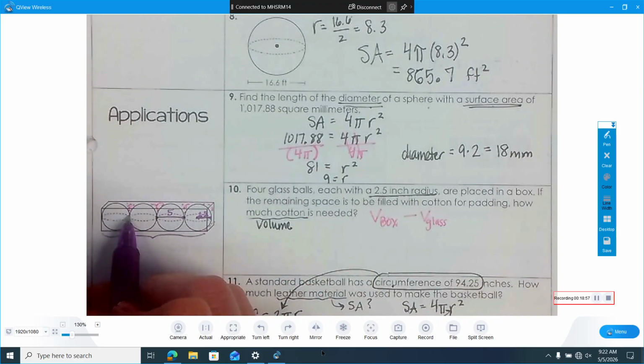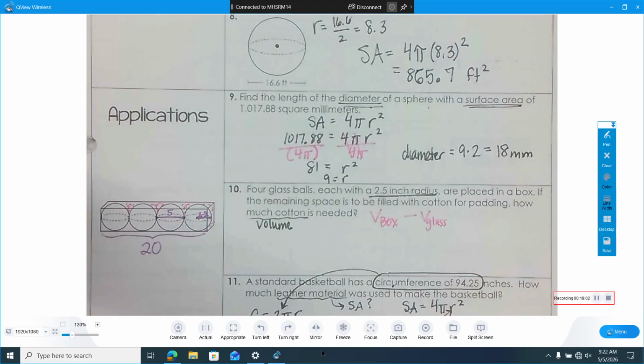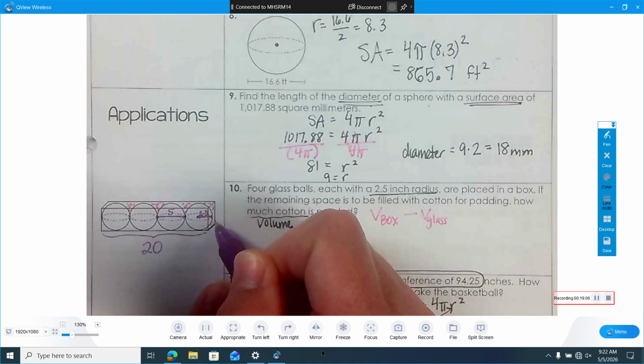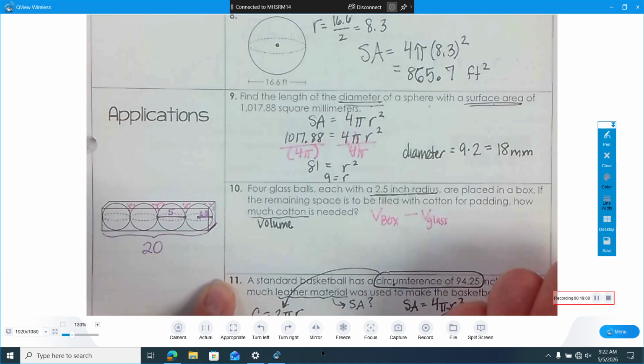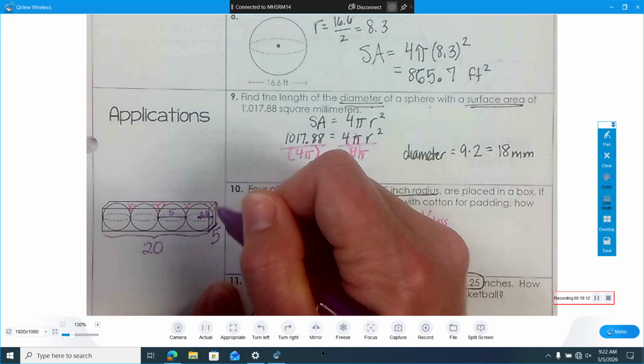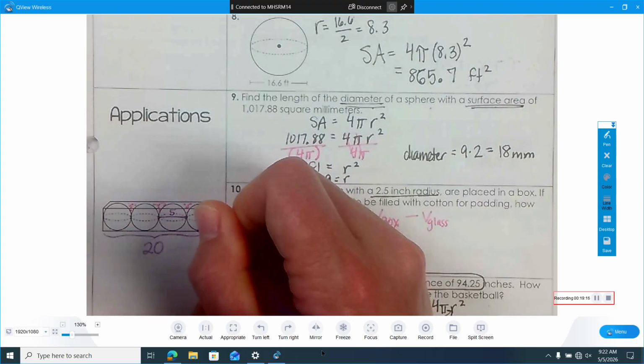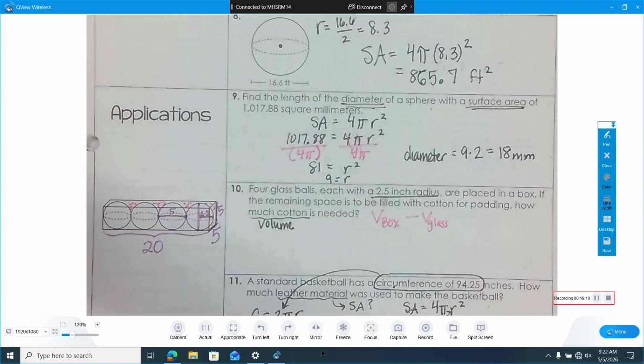So we've got 5 plus 5 plus 5 plus 5. So the whole thing would be 20 units long. How many units front to back here? 5 as well. And then how tall would it be? 5 as well, again, because that diameter goes through the center. It's also 2.5, and 2.5 makes 5.